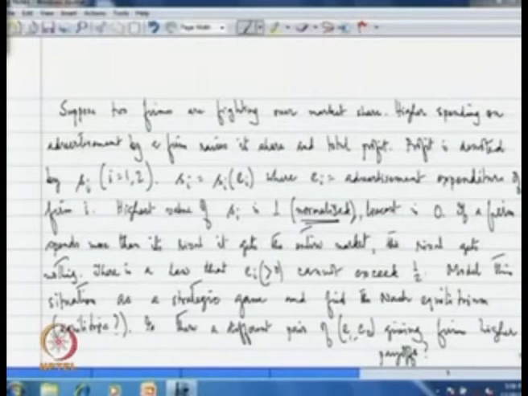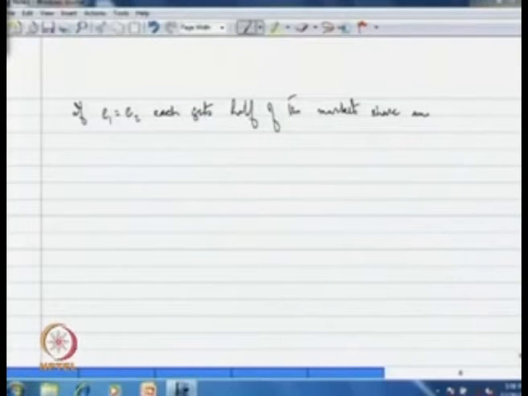One more point. If E1 is equal to E2, each gets half of the market share and profit.